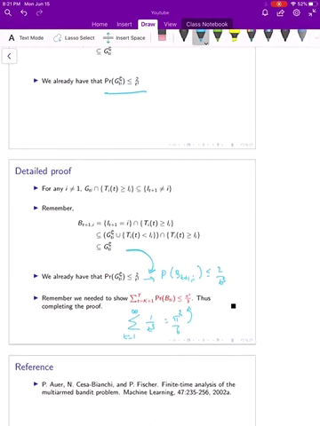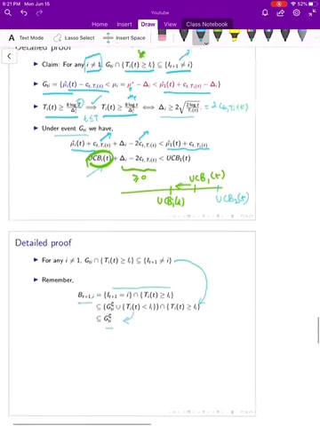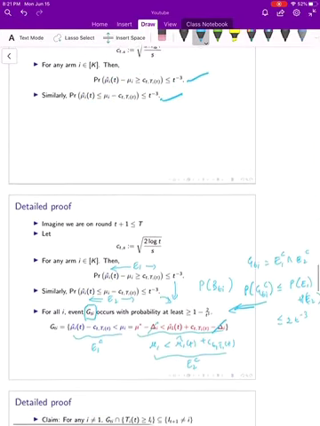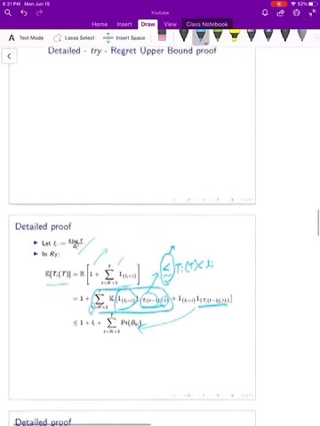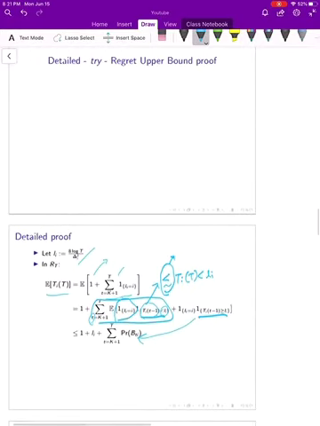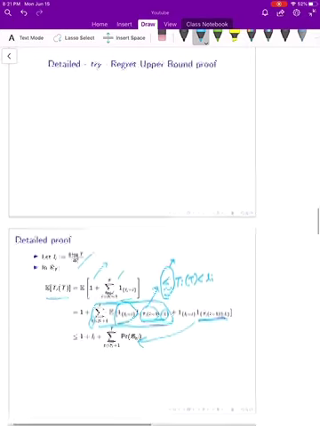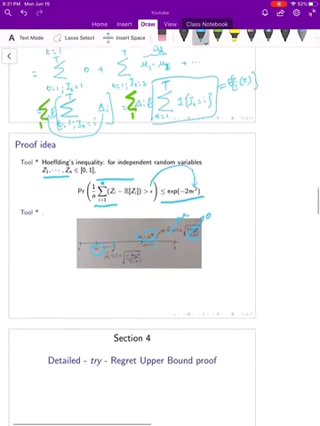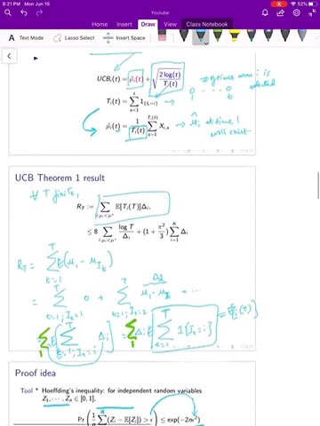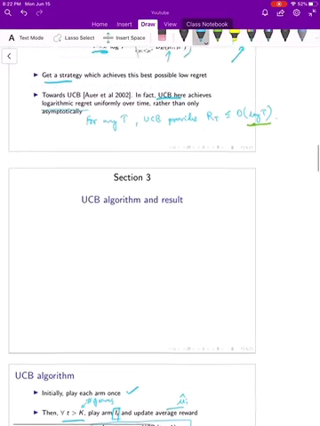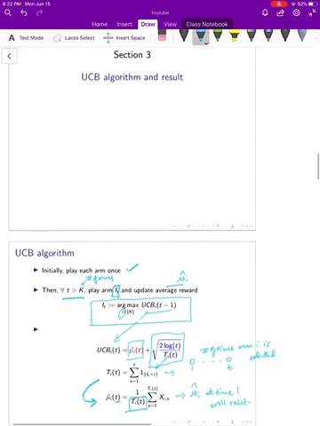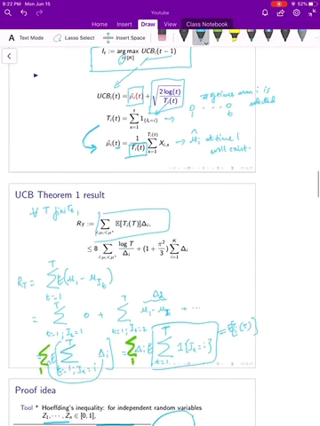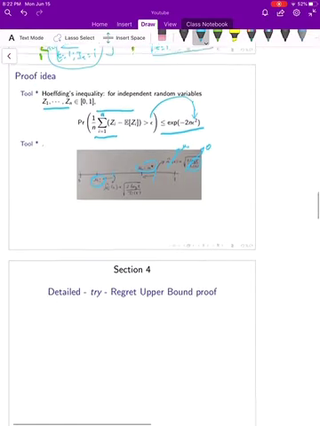And this ends the proof of the UCB result, that the regret achieved by this algorithm is of the order of log t for any time t. Yeah, the result, yes, this one.